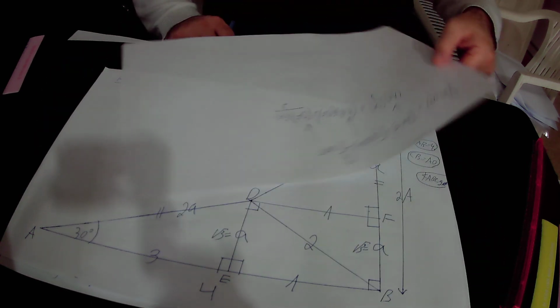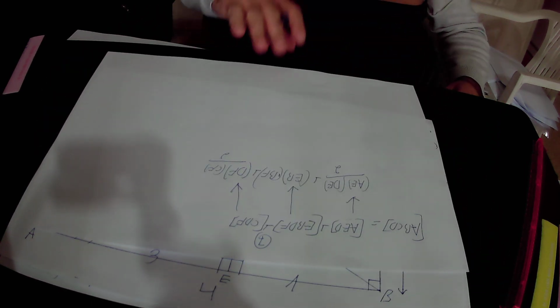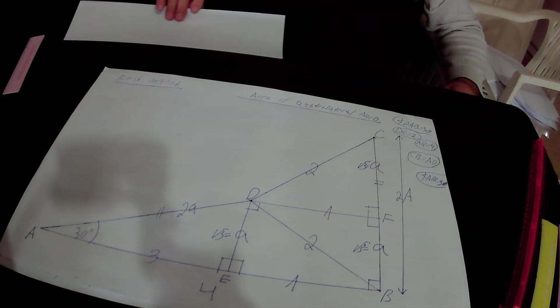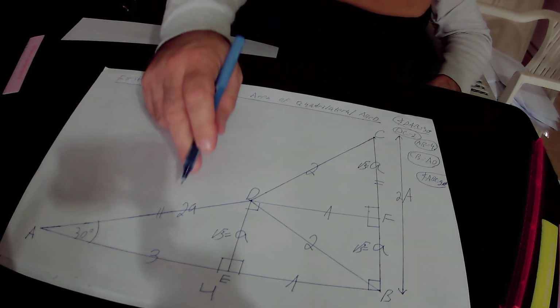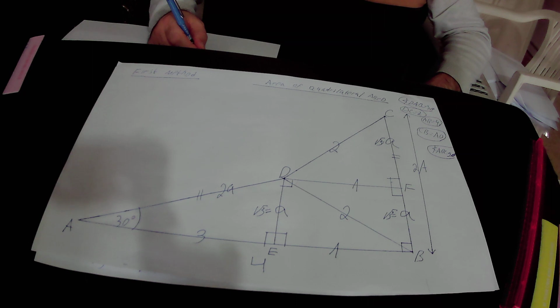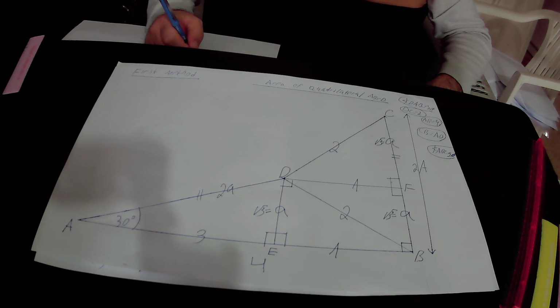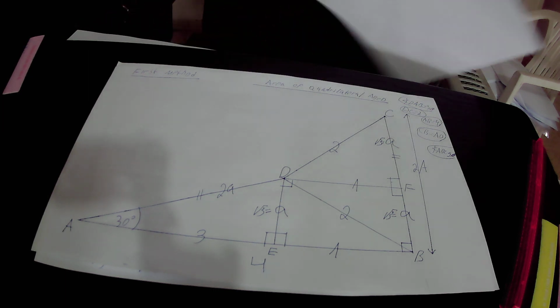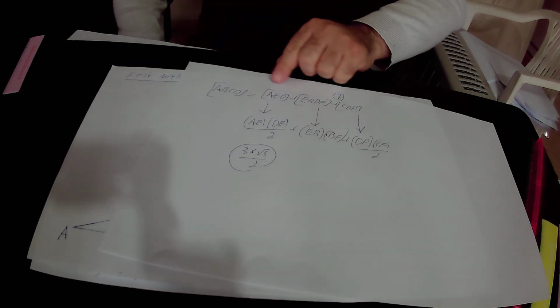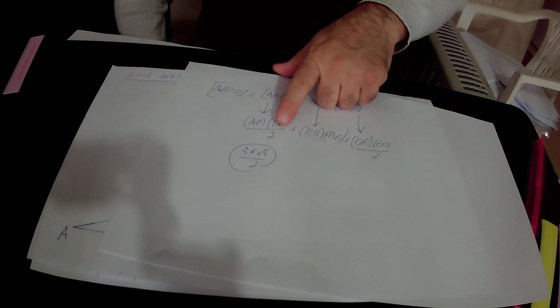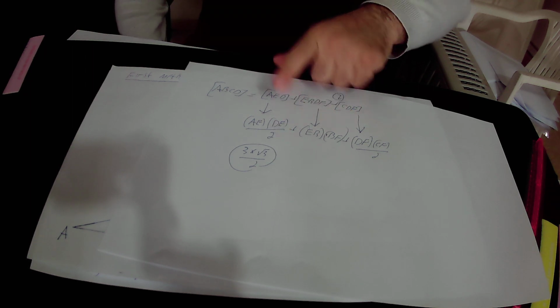Okay, so here AE equals 3 units times DE, DE equals square root of 3 units, over 2. So we found that the area of the right triangle AED equals 3 times square root of 3 over 2.